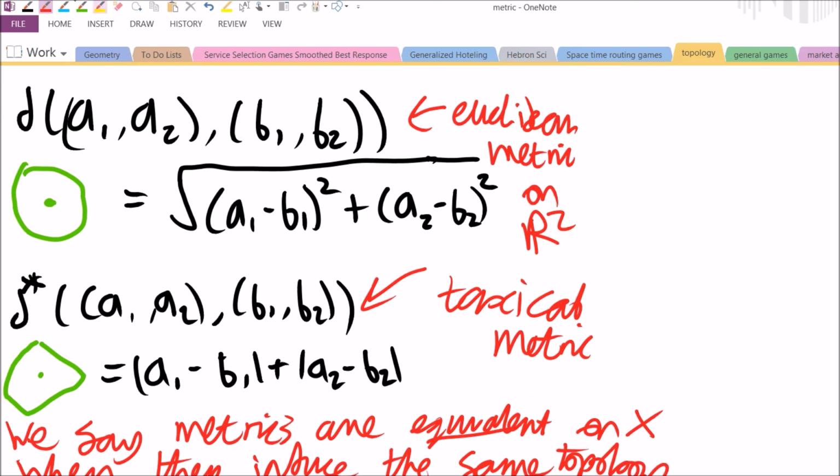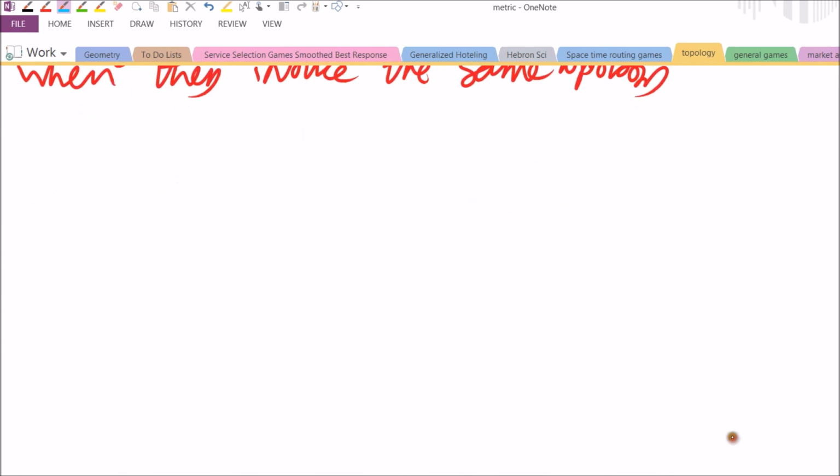It's a very good exercise to solidify your understanding of the connection between metric spaces and topology, to show that both of these induce the same topology on the plane.